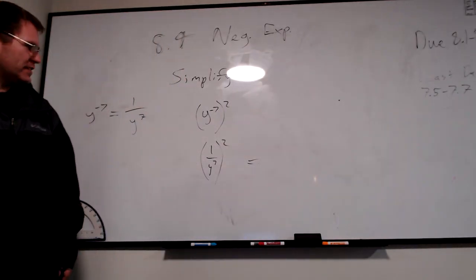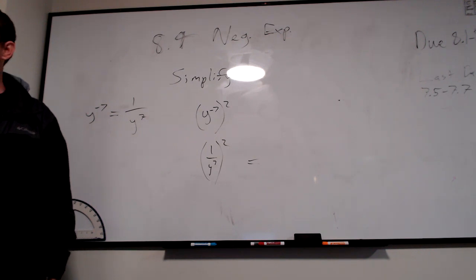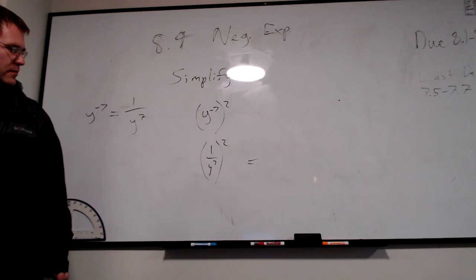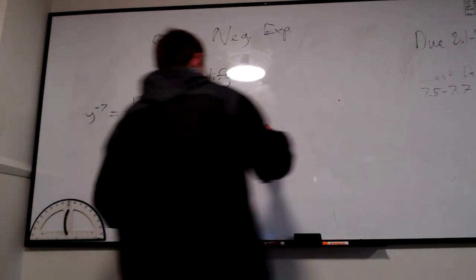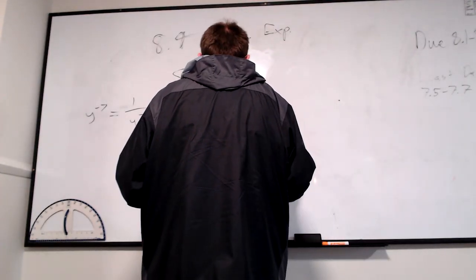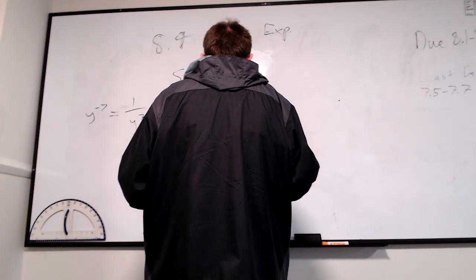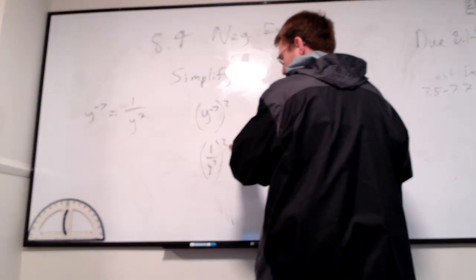Let's just take it one step at a time. I would think about it like this. You have 1 over y to the 7, and then we have to times it, to the power of 2.